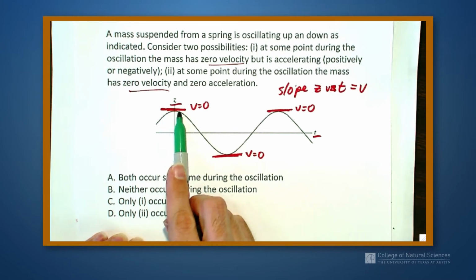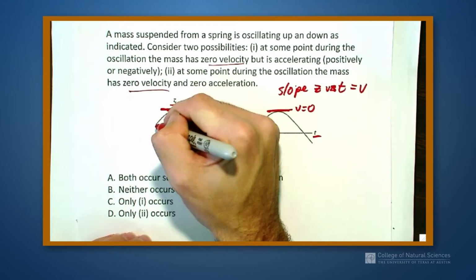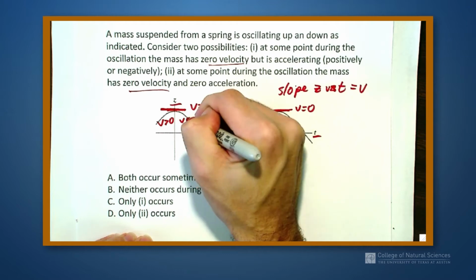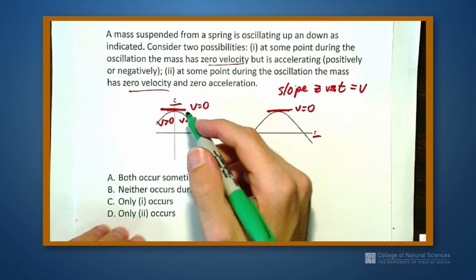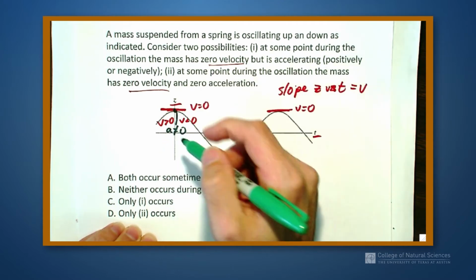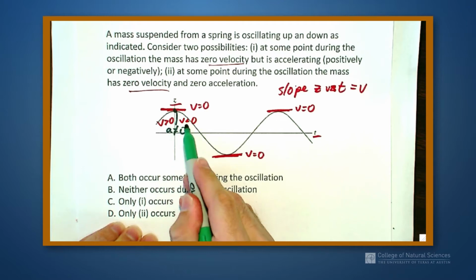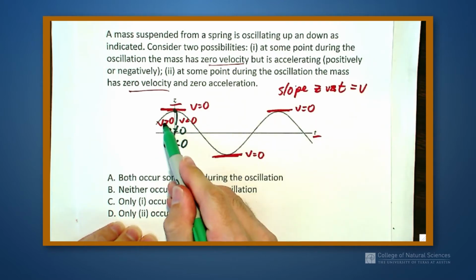But as soon as it gets up to z, it turns around and starts going back. So this is going to be v greater than 0, and this is actually going to be v less than 0, which tells me that at the very top, the acceleration is not equal to 0 at that point, because it would not be able to switch directions. The acceleration is actually less than 0 because it goes from a positive to a negative value.